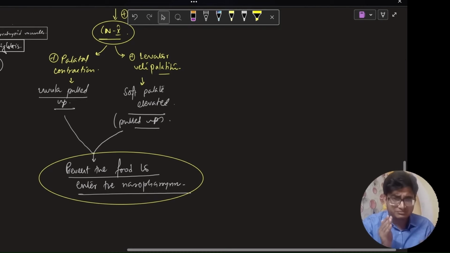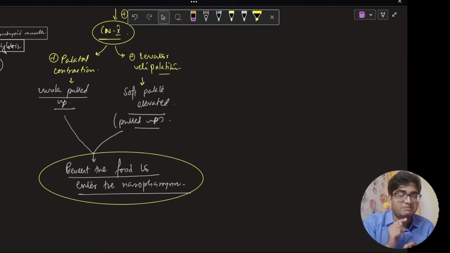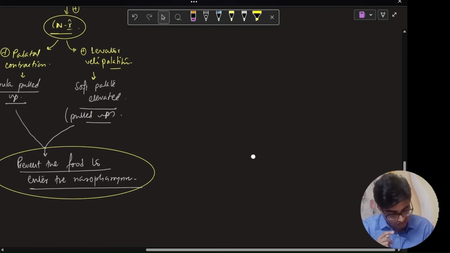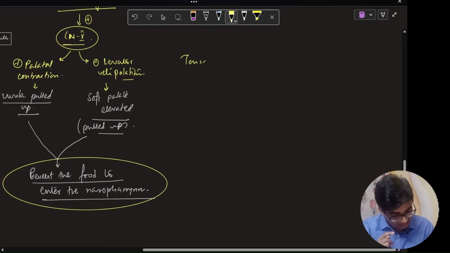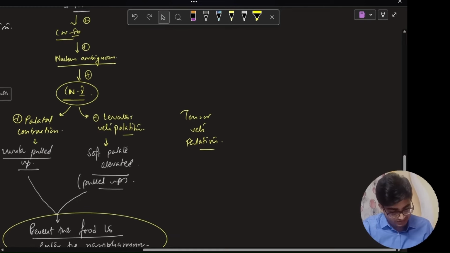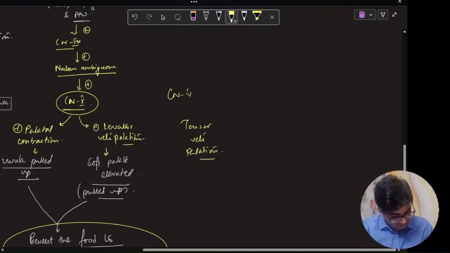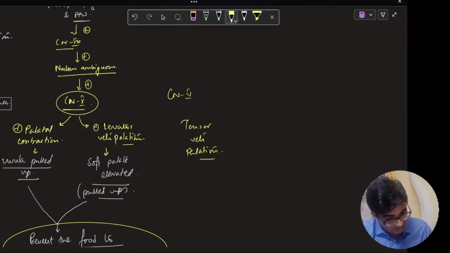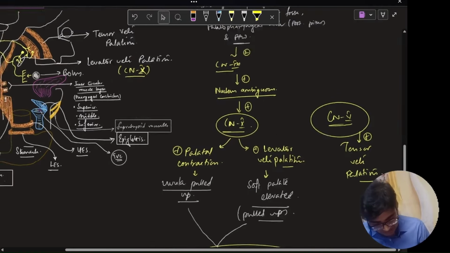So the tensor veli palatini muscle also acts here, and this tensor veli palatini is supplied by the 5th cranial nerve, which is also stimulated by the action. Correct? So the 5th cranial nerve is there to stimulate this tensor veli palatini.